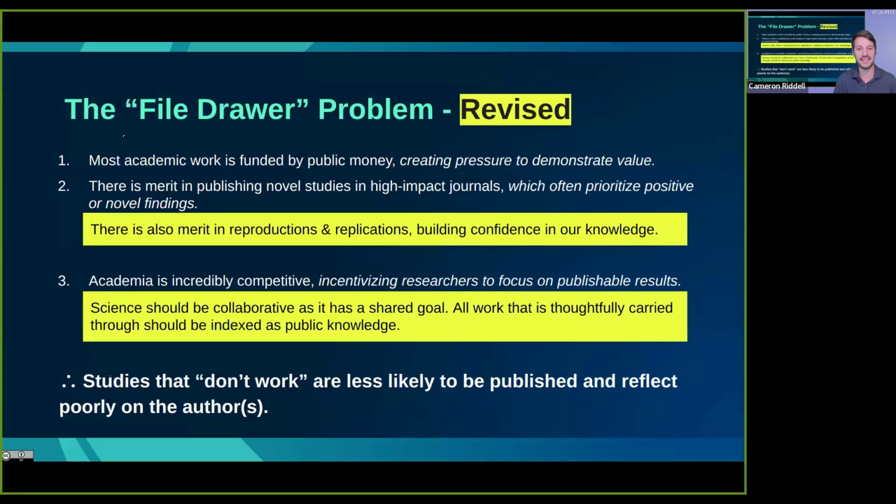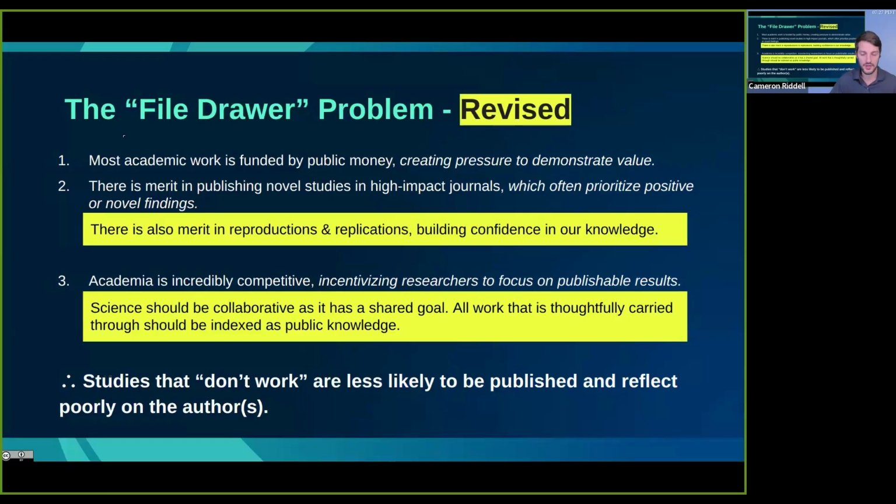What this means is that if you carry out a particular study and somebody else has already published on that, or maybe at the time of your authorship somebody else had not yet published on that, well, at the very least, you should still publish whatever you're working on, provided that it was thoughtfully carried through. And I will say most funded experiments are going to be thoughtfully planned out because you already passed that funding award stage.